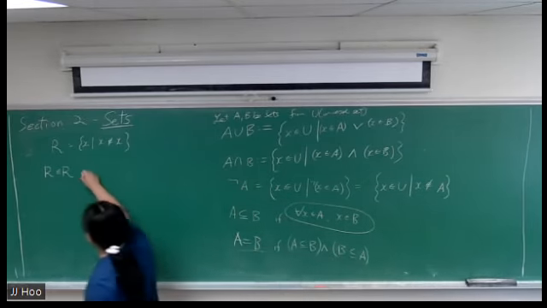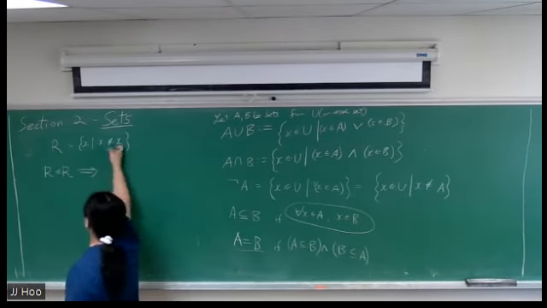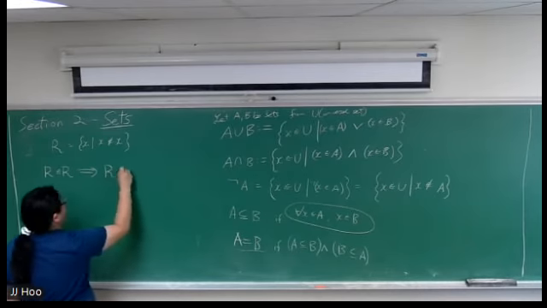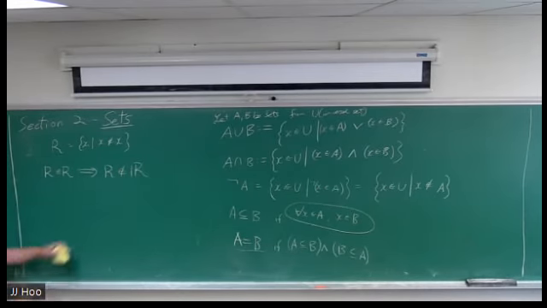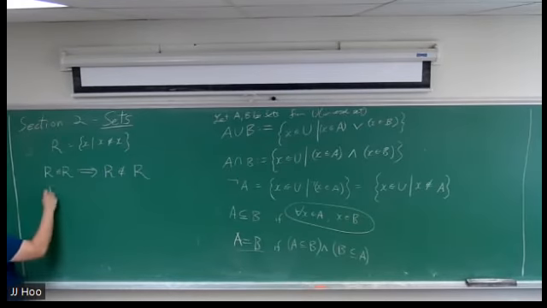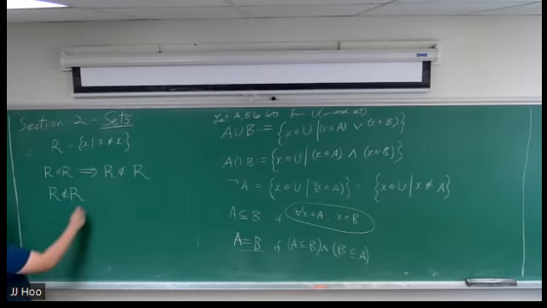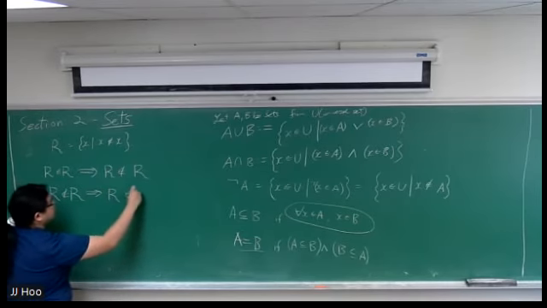We then have that if R is contained in itself, R is a set, it doesn't follow this property, so R is not in R. Sorry, that's the real numbers, it's not what I meant to write. Whereas if R is not in R, that means it is following this property, right? This implies that R is in R.